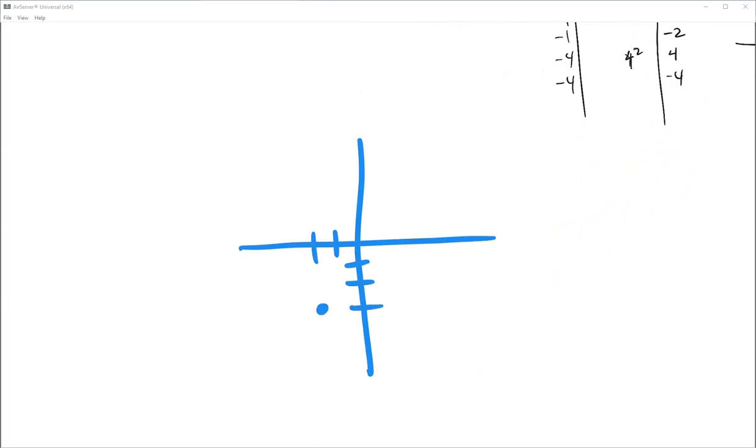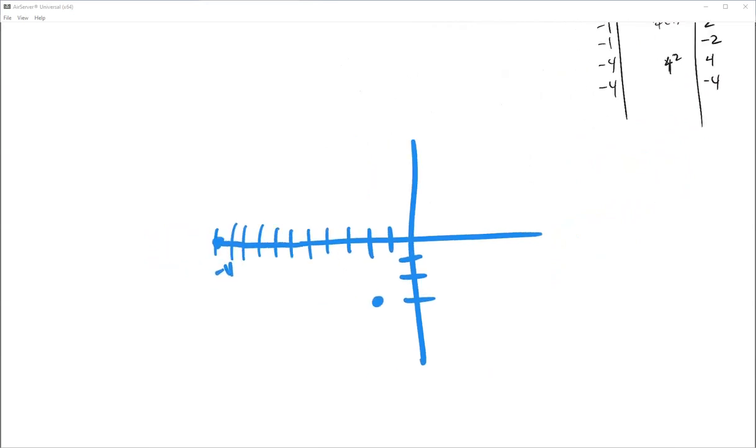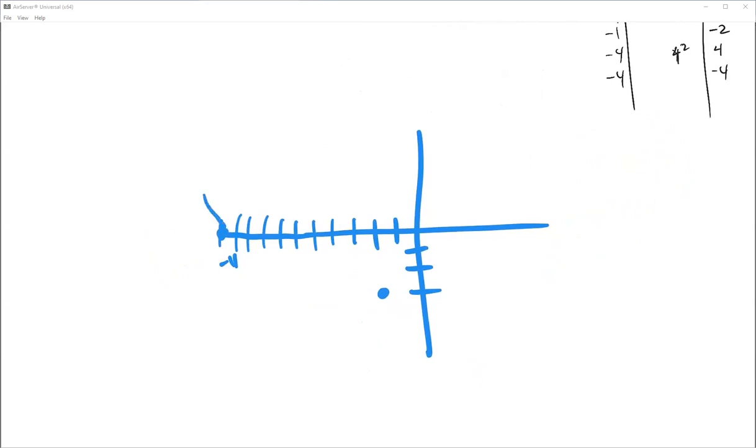The x-intercept is -11, so that'll be 3, 4, 5, 6, 7, 8, 9, 10. Remember, it's going to intercept the x-axis at -11. So the parabola is really wide here, and it's going to do something like this.